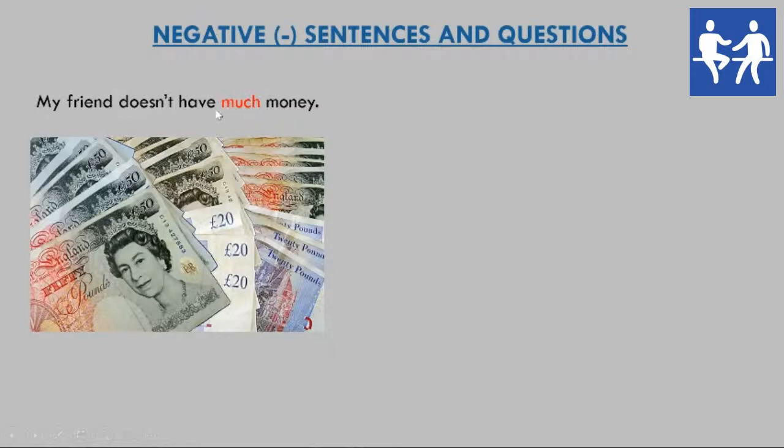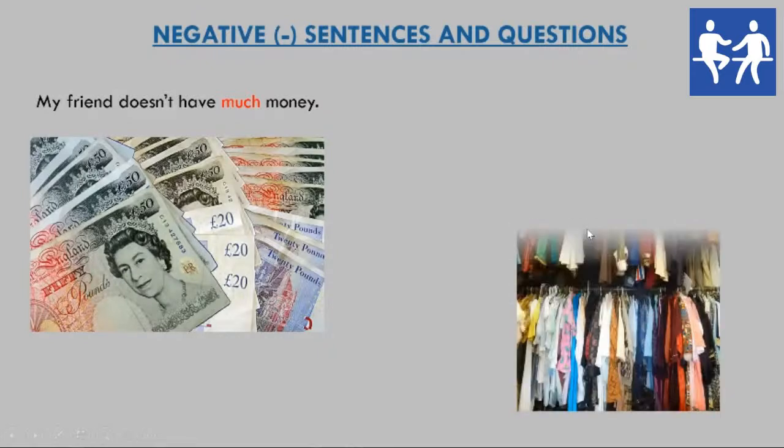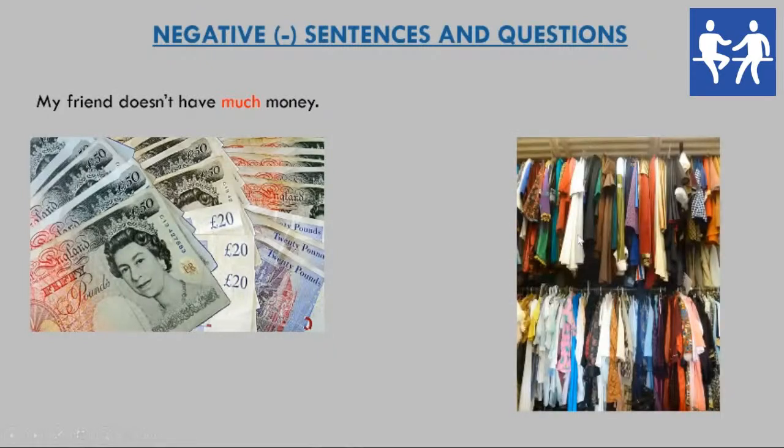It's a different quantifier in this negative sentence. Here are our clothes again. This time we have a question. Does my friend have many clothes? We've used a different quantifier, many.